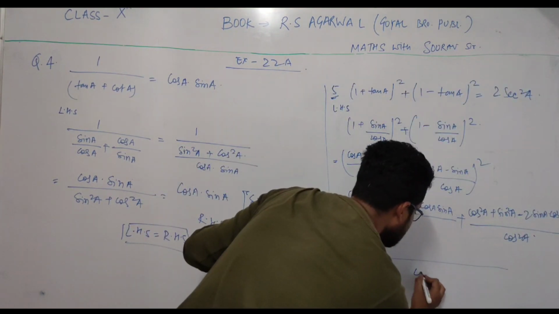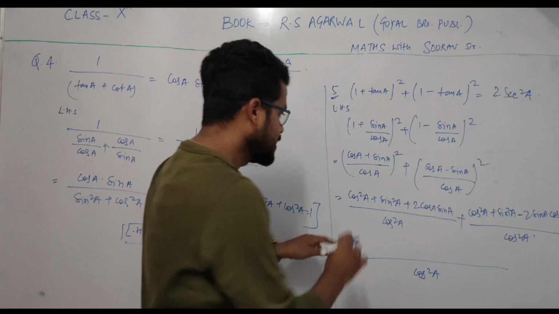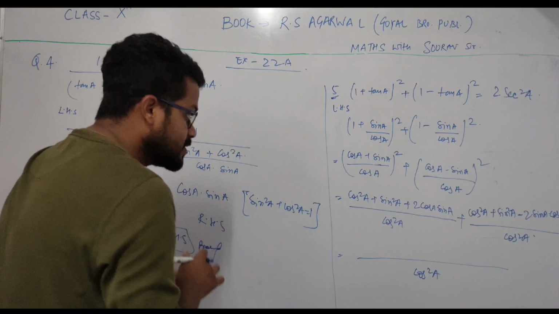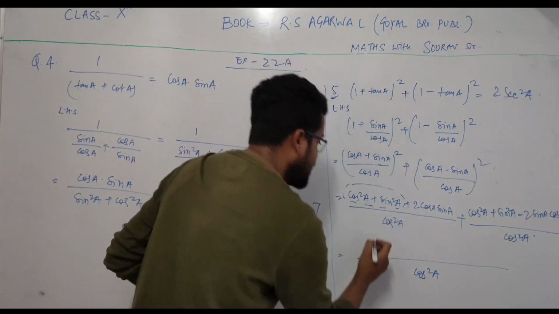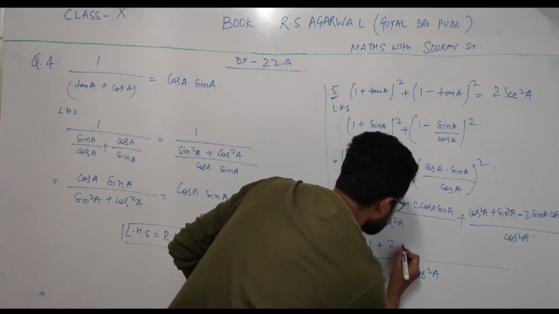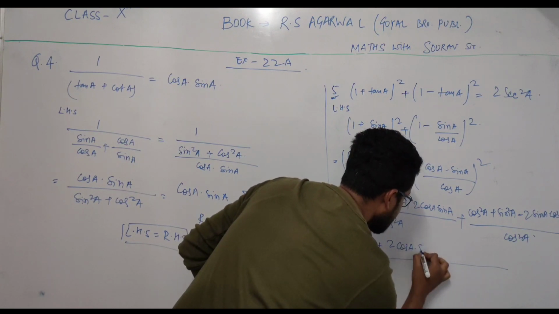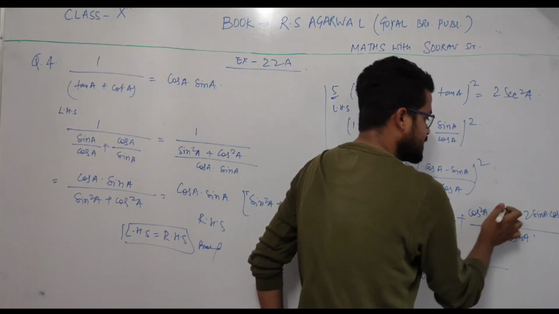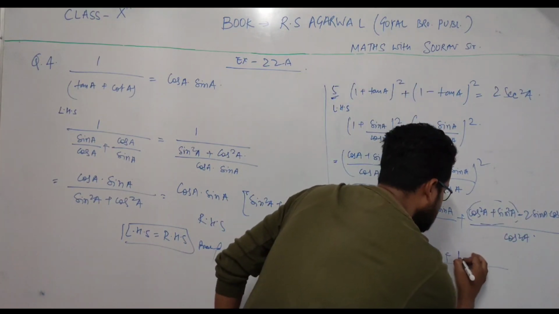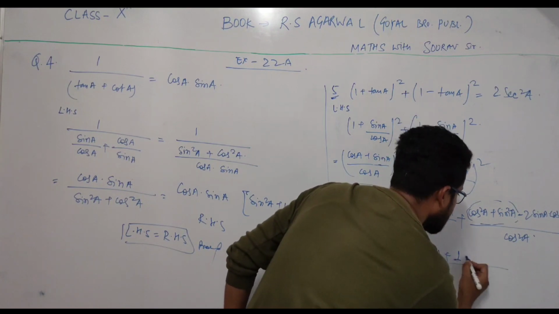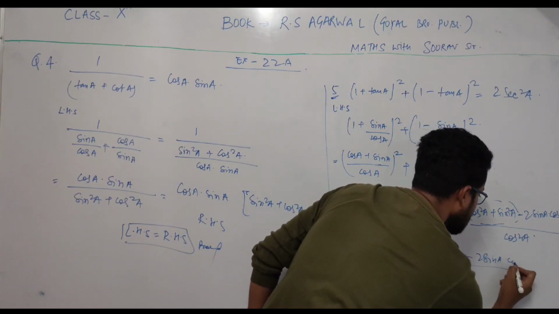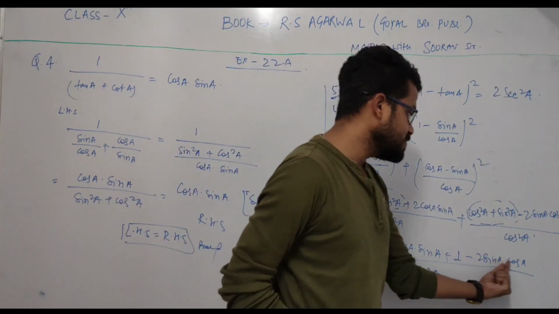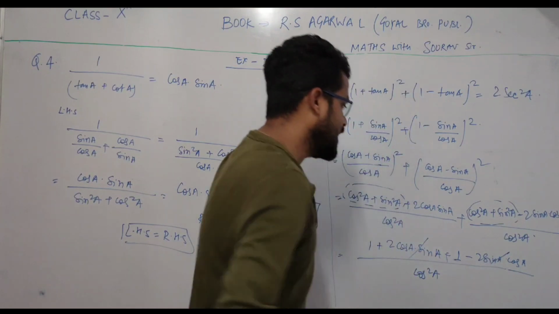So if I take LCM cos square A, here this is cos square A plus sin square A. Sin square A plus cos square A is 1. So in place of this I write 1 plus 2 cos A into sin A, plus again I write this as 1 minus 2 sin A into cos A. So this is plus 2 cos A sin A and this is minus 2 cos A sin A. So I cancel this.